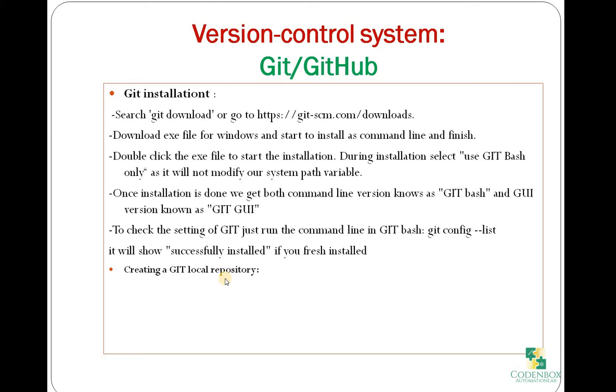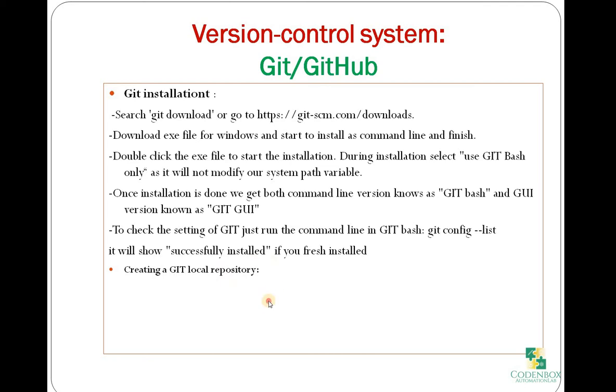After you've done some code, you need to push your code to GitHub. So first you have to create your local repository. For example, you already created some framework on your machine and did the code. Now it's time to push your code to the central repository. Before you push your code to the central repository, first you have to create your local repository.